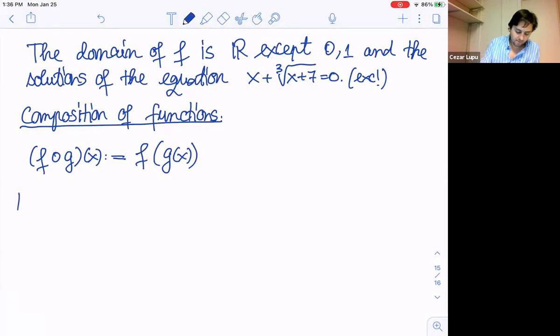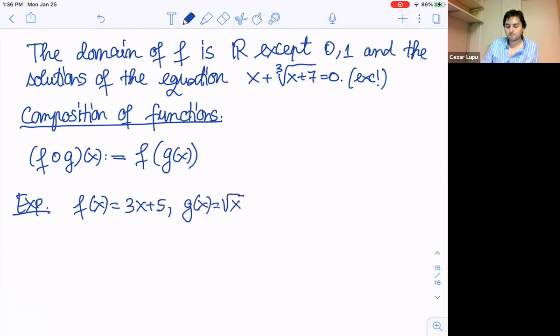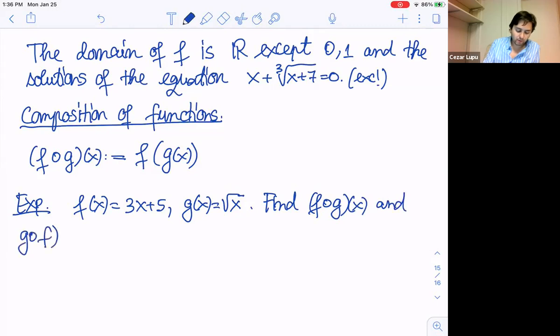And now let's see an example. Let's take f of x to be 3x plus 5, and g of x to be square root of x. And now we would like to find f composed with g of x and g composed with f of x. This is how we read this.